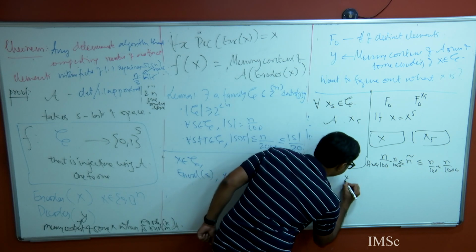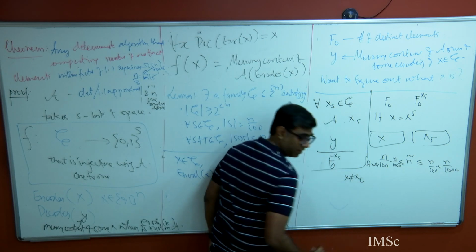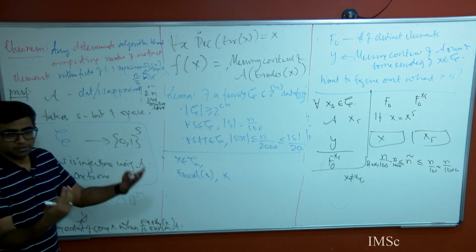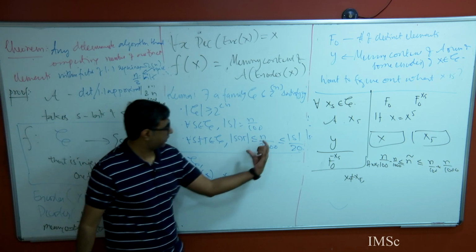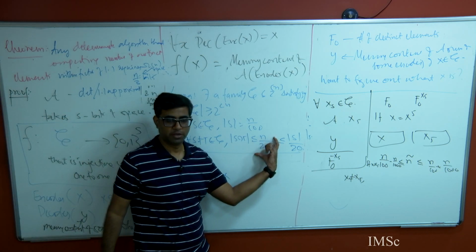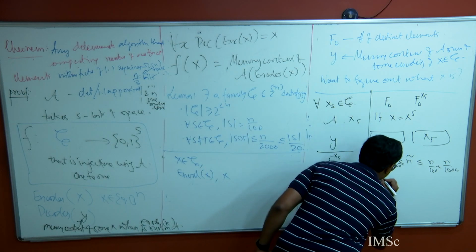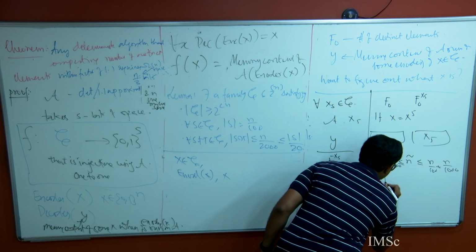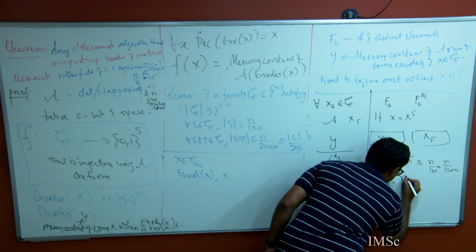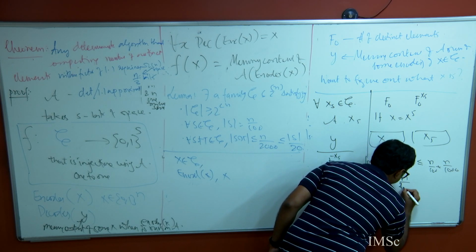Fine. If x is not equal to xs, then what do we know? These two sets intersect at most n by 2000. So the number of distinct elements is going to be at least n by 50 minus n by 2000.